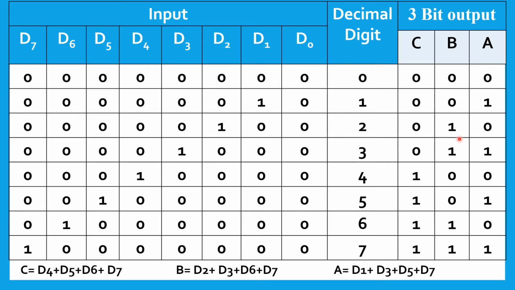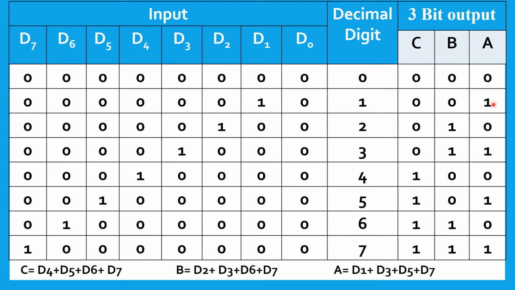And the B output is high when D2 is high or D3 is high or D6 or D7 is high. Then the Boolean expression for B we can write as D2 or D3 or D6 or D7.